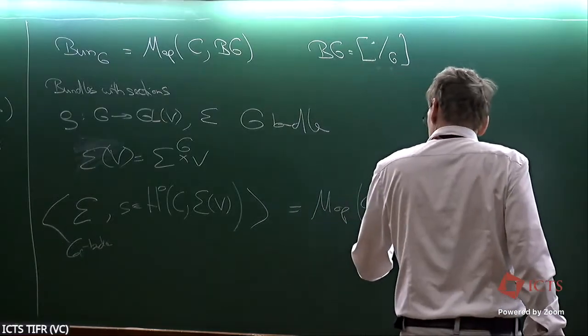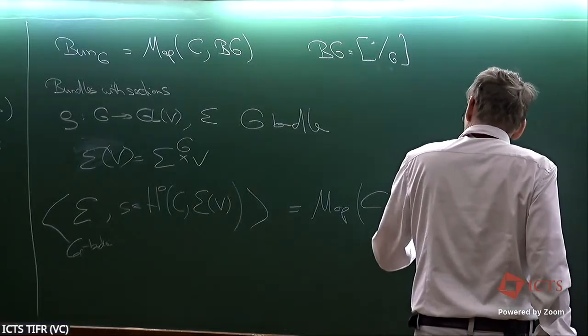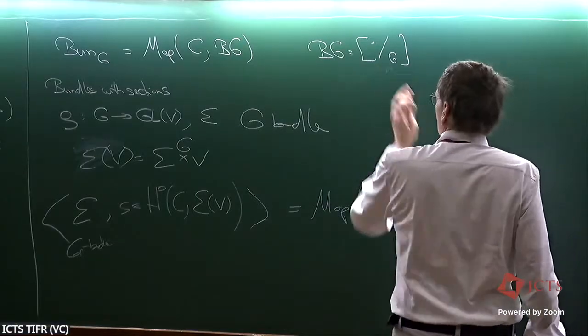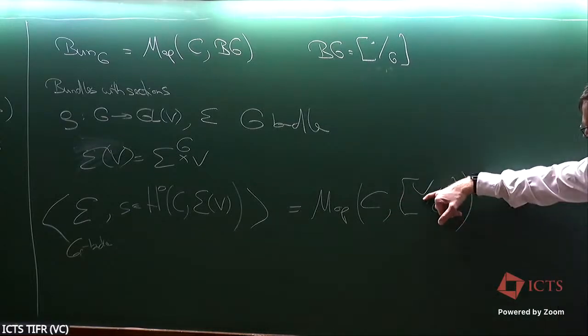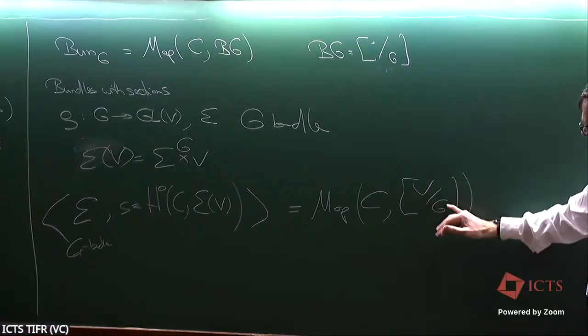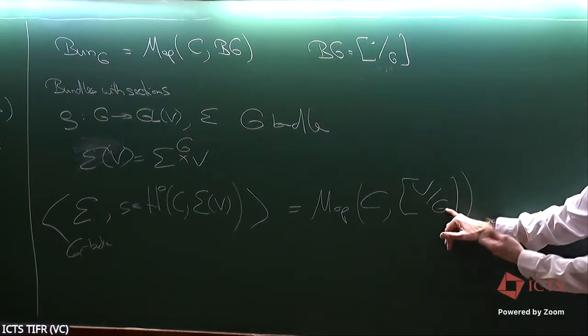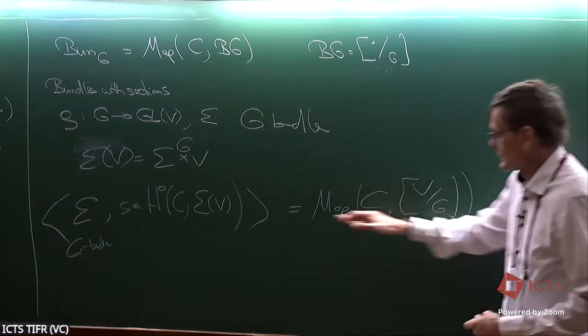If you are one of the people who just nodded when I explained how you think about this, then you hopefully will nod again. What maps into this? Locally it's giving you a vector in V, and then you patch by taking G-bundles, which is exactly what you do.